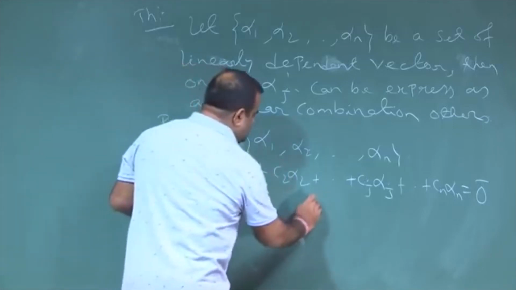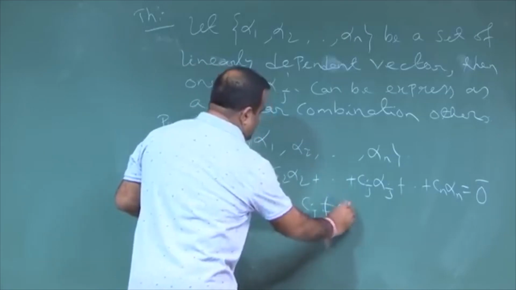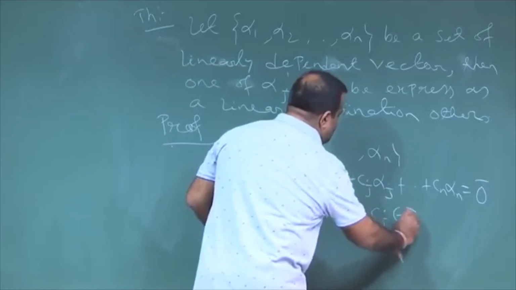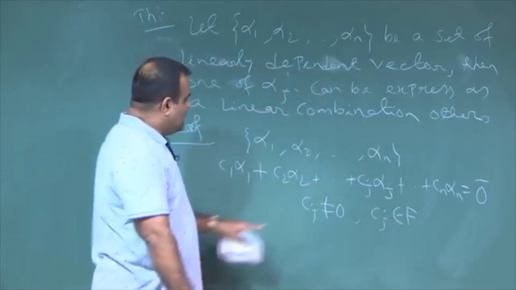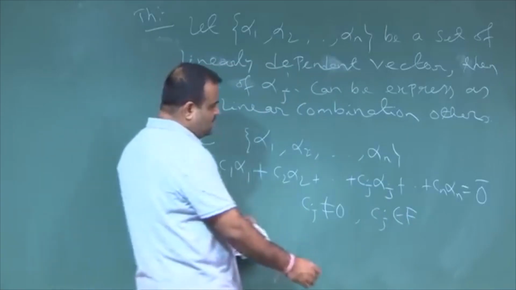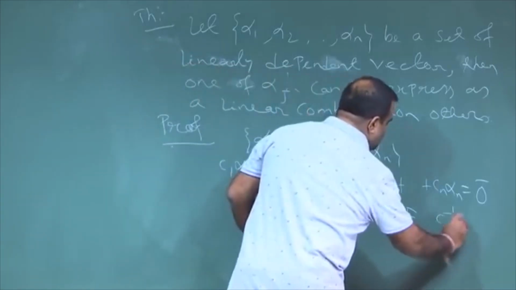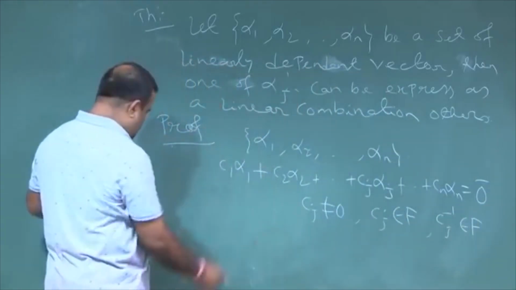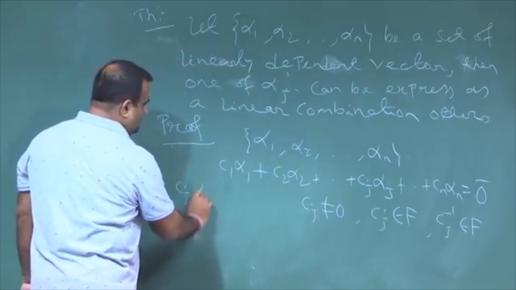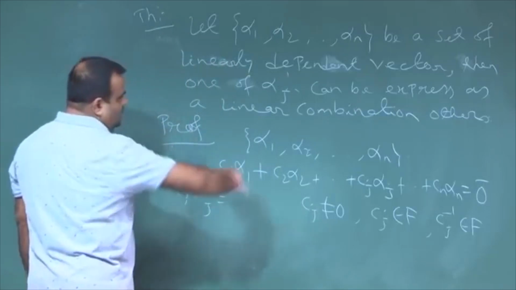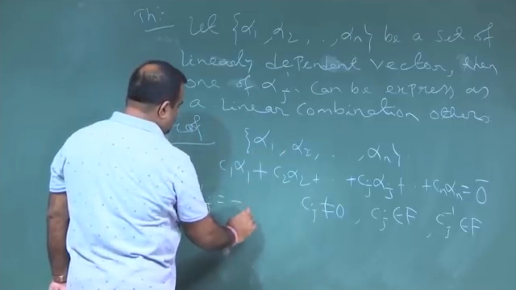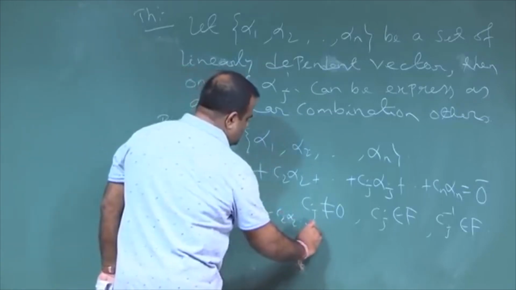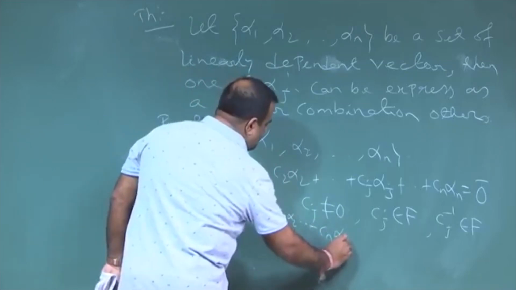Suppose this Cj is not equal to 0. Cj comes from the field, it is a scalar. If it is not 0, then it has a multiplicative inverse, so Cj inverse will exist. Then we can write Cj alpha j is equal to, taking everything to that side, minus C1 alpha 1 minus C2 alpha 2 and so on, Cj is missing here, minus Cn alpha n.